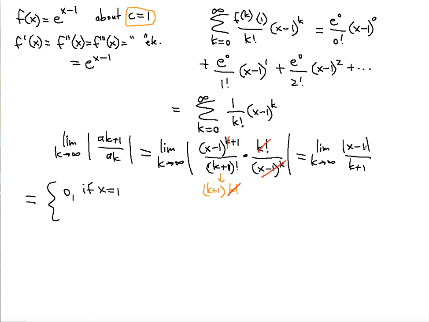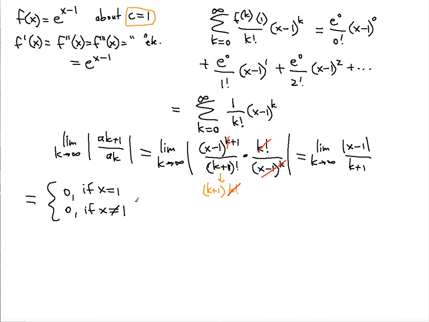However, if x is not equal to 1, then we would take the limit. It would be non-zero on the top, and the limit as k approaches infinity would be infinity on the bottom, and any non-zero number divided by infinity is 0. So if x is not equal to 1, this limit is still 0.